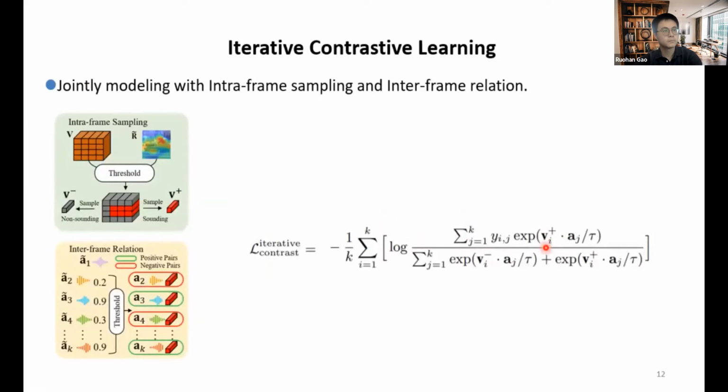Then that is our loss. It aims to maximize the similarity between sounding regions and their sounds, as long as they are positive pairs, and also minimize the similarity between non-sounding regions and the audio-visual features from different pairs.